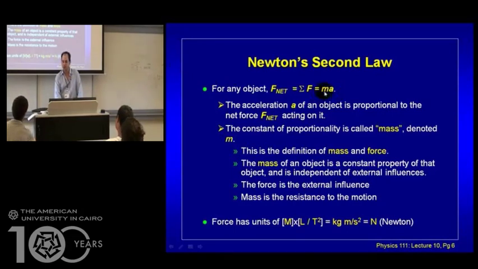Mass has the units of kilograms, acceleration has the units of meter per second squared, so the units for force are kilogram meter per second squared, and we are going to call 1 kilogram meter per second squared a Newton.